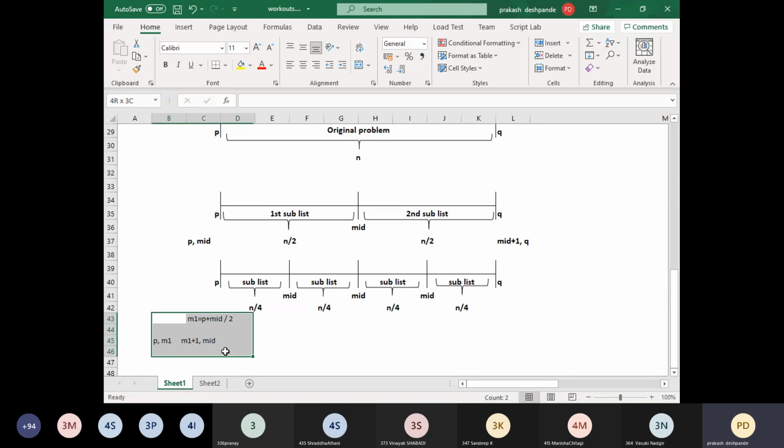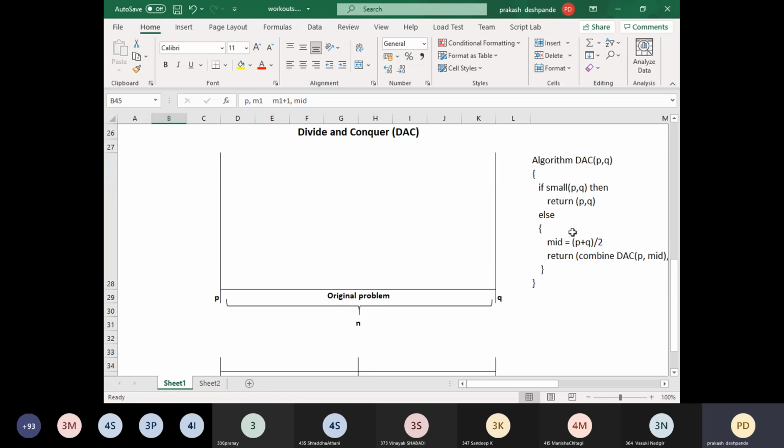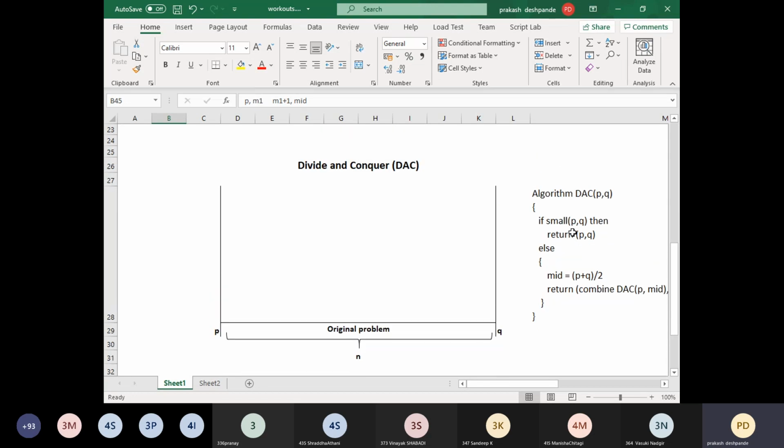Understood the division here, students? Yes, sir. Okay. Now again we will call the given algorithm once again, like DAC P comma M1. Then again we will check whether P comma M1 is small enough. If it is small enough, then retrieve the solution.